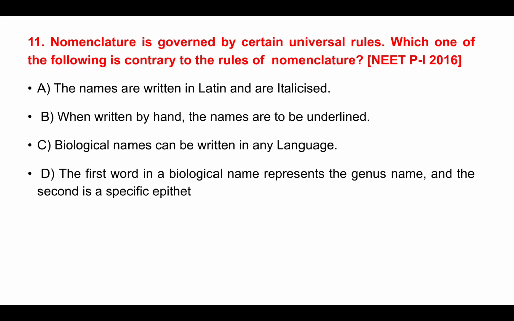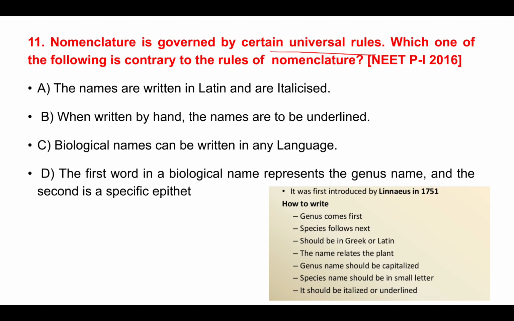Let's go for the 11th question. Nomenclature is governed by certain universal rules. Which of the following is contrary to the rules of nomenclature? See, this nomenclature was first introduced by Carolus Linnaeus in the year 1751. And these are certain universal rules.